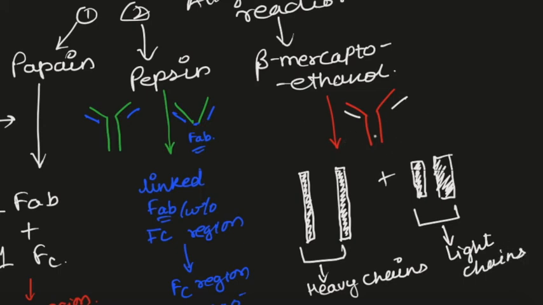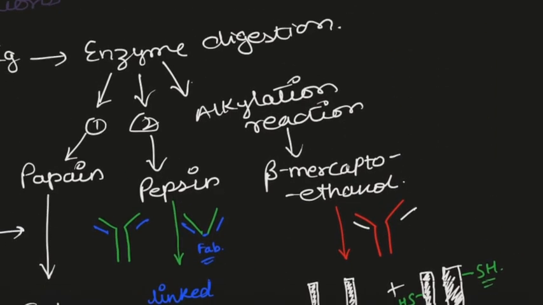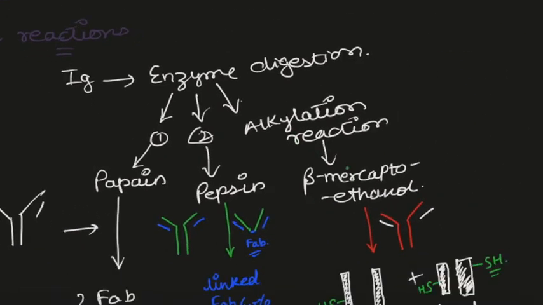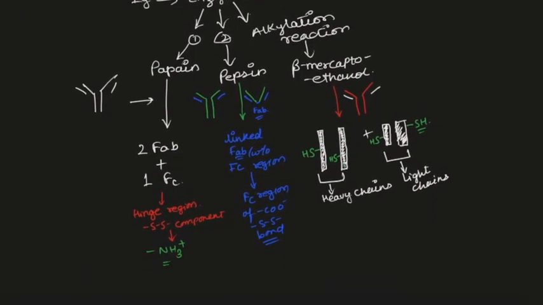And the second effect is that all of these will contain a sulfhydryl group. So this is the entire reaction which occurs when enzyme digestion is performed on any immunoglobulin.